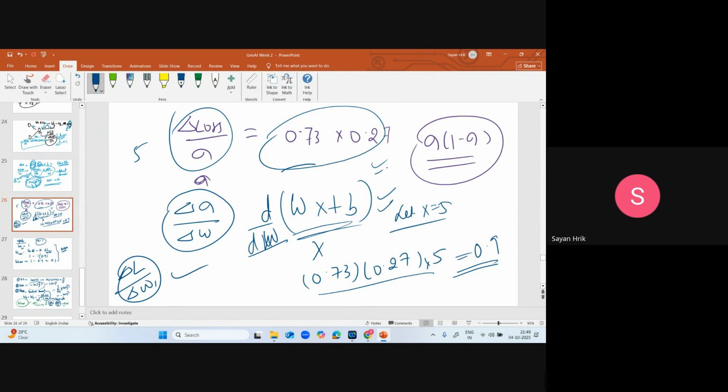The loss is this, right? Minus ln of y hat, and y hat is sigmoid of z, which is sigmoid of wx plus b. Correct. So how is it 1 by sigmoid?